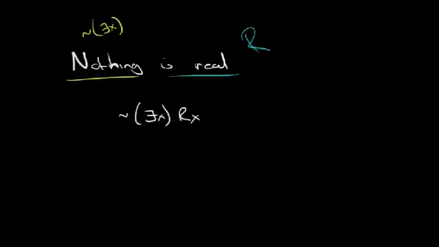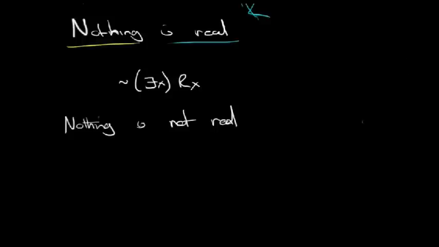Again, suppose we wanted to translate "nothing is not real." So we've got a double negative there. We wouldn't need to introduce a new predicate, or redefine R, or introduce another one, A, which is "is not real."